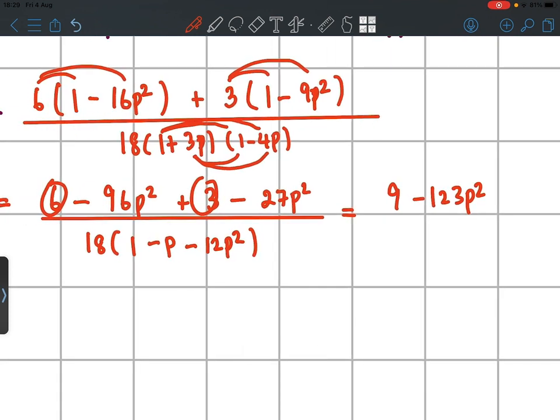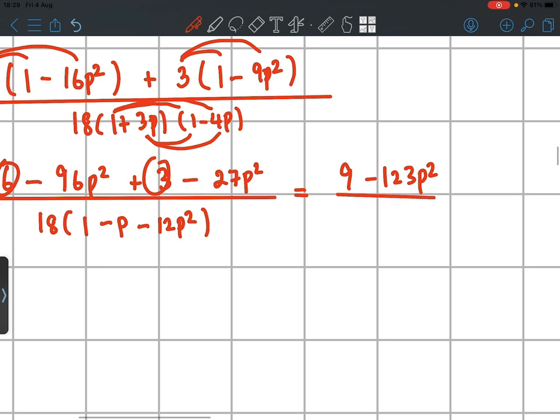Okay, divided by what? 18 minus 18p minus, so just expand the bracket. 12 times 18 is 216, 216p square. 12 times 18, right?